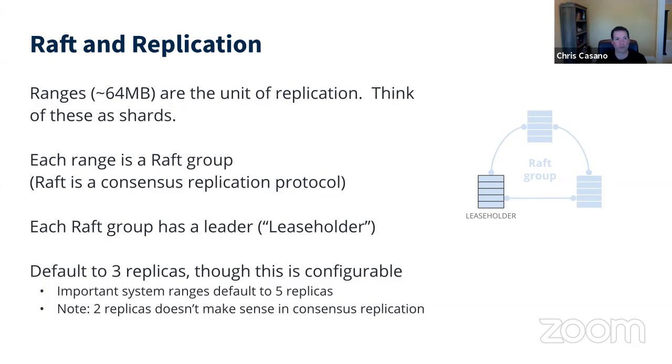So this is what makes the database hum: we have all these ranges working in conjunction with each other. There's a transaction layer on top of them that helps coordinate all of the replication and the transactions within the database, but this is the magic and what makes it all happen.